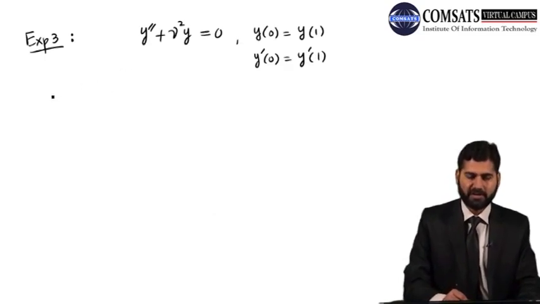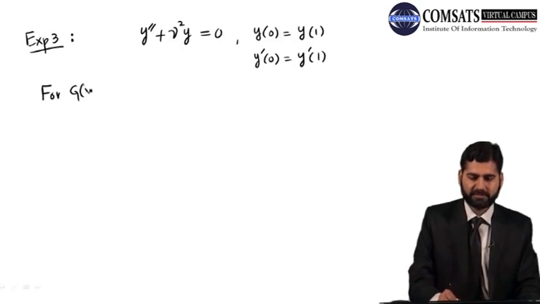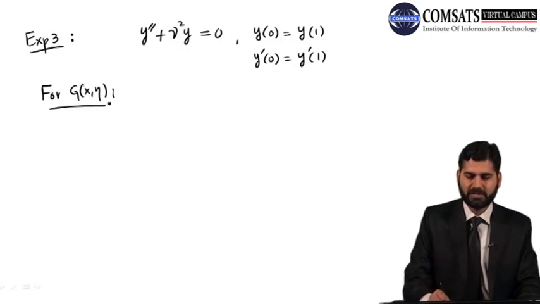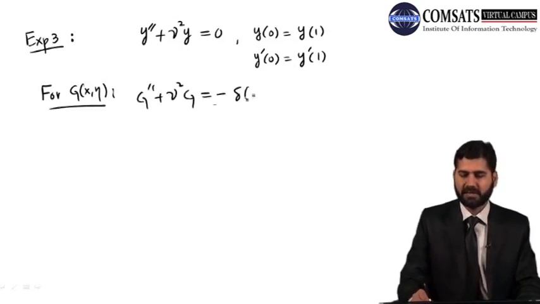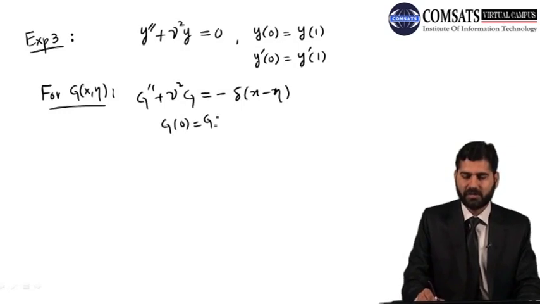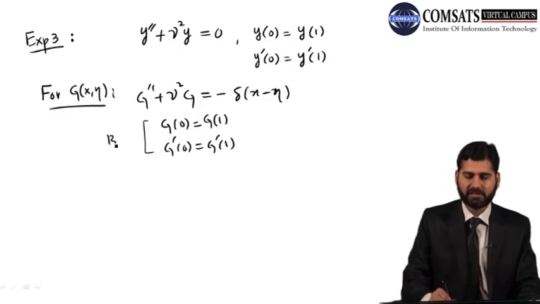So again, for the Green's function, our problem is g double prime plus nu square g equals delta of x minus eta. Boundary conditions are g at 0 is equal to g at 1, and g prime at 0 is equal to g prime at 1. These are your boundary conditions.